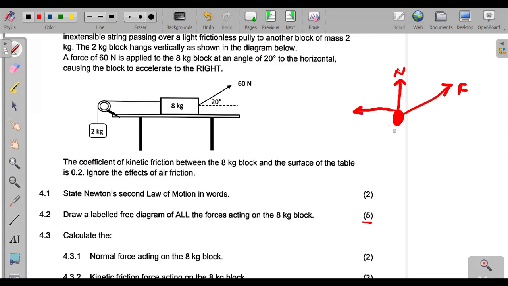And then I have my kinetic frictional force acting again to the left. That's Fk there. And then I have gravitational force acting downwards. There is gravitational force Fg. So this is our diagram.